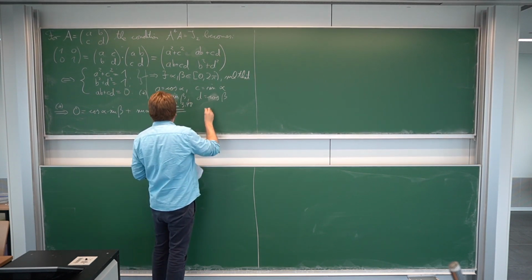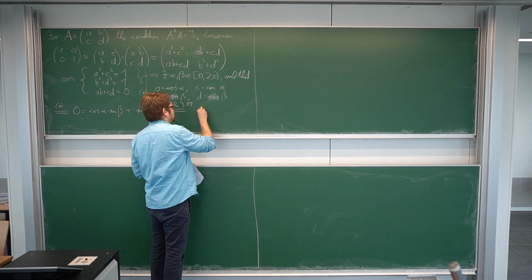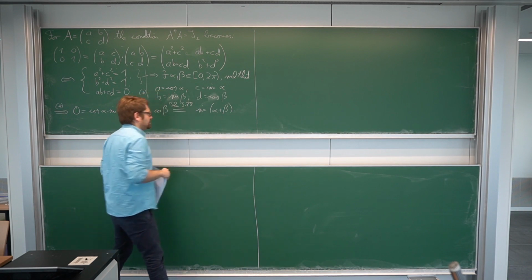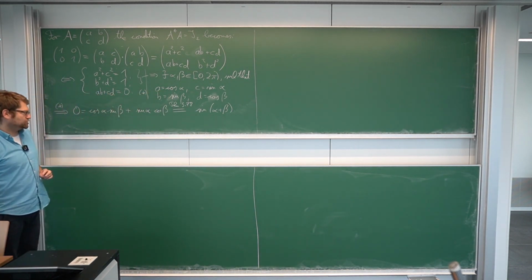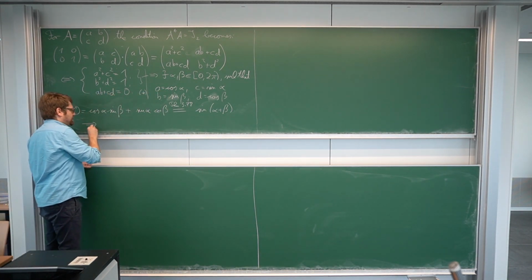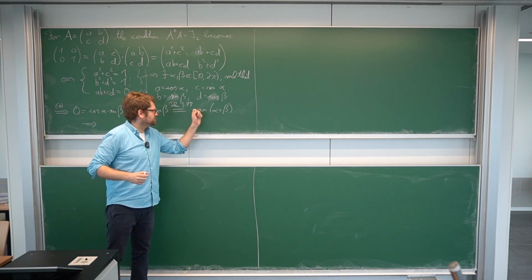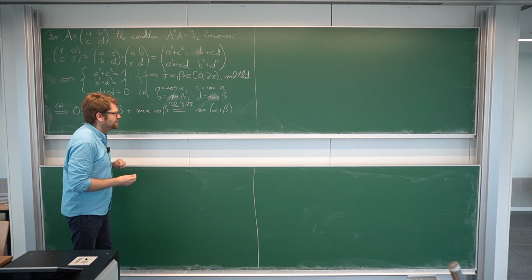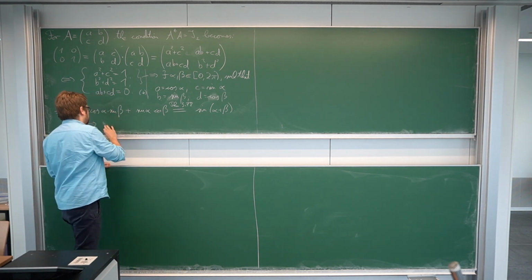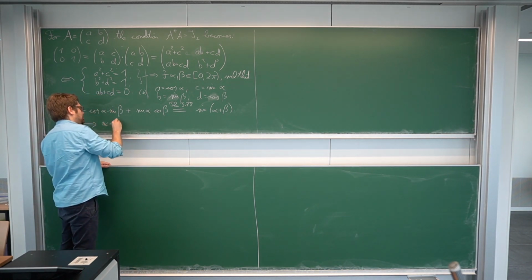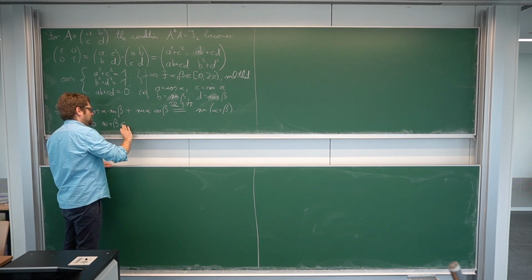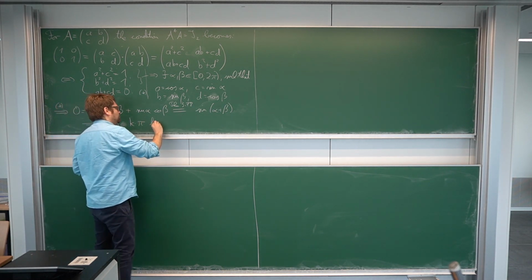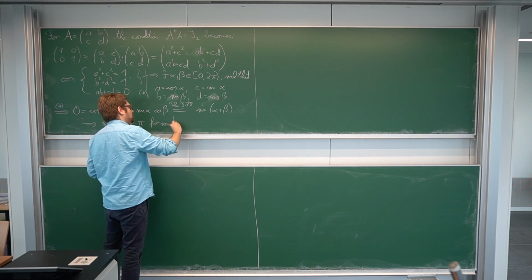This shows that this is the same as the sine of alpha plus beta. So the sine of the sum has to vanish. And we know that the sine of x is 0 if x is an integer multiple of pi. So this implies alpha plus beta must be of the form k times pi for some integer k.